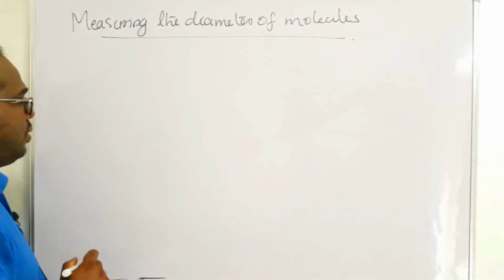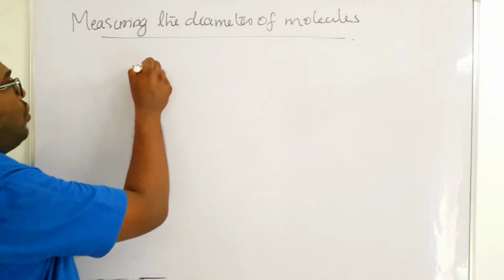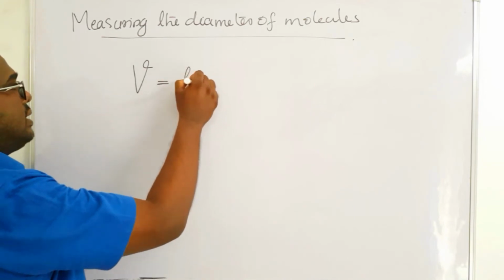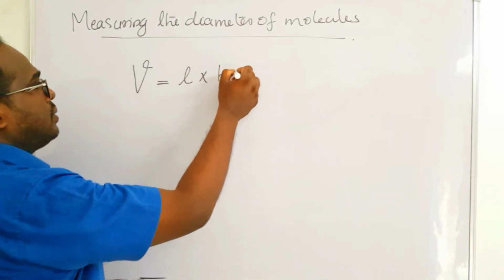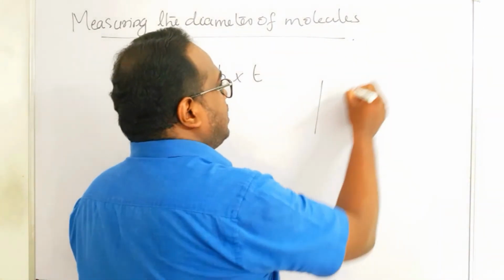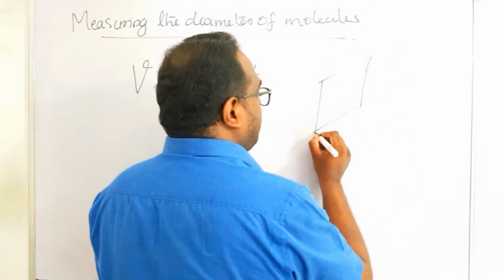So that we use some mathematical calculation, that is the volume of a substance is equal to, what is that? Length into breadth into thickness, correct? Suppose we are taking a very thin sheet, that is very thin, okay?